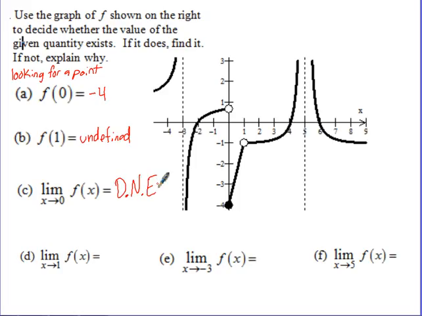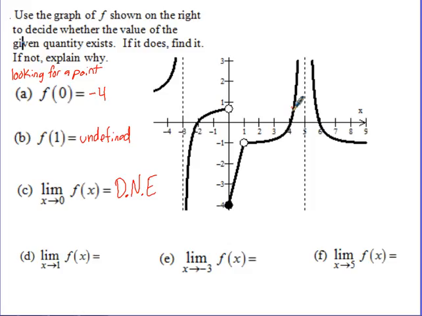What about the limit as x approaches 1? So here's my 1, and I am looking from the left and the right again. From the left, I'm writing this linear part. From the right, I'm coming down on this rational part. So as I'm going towards 1, are they meeting? Yes.